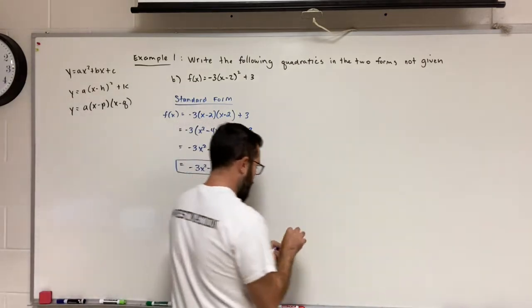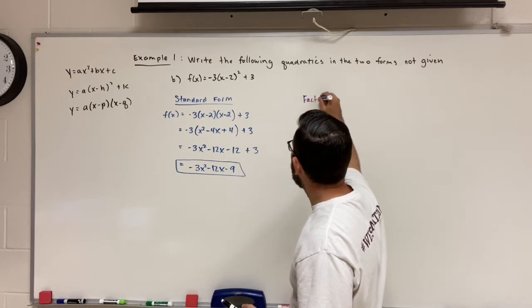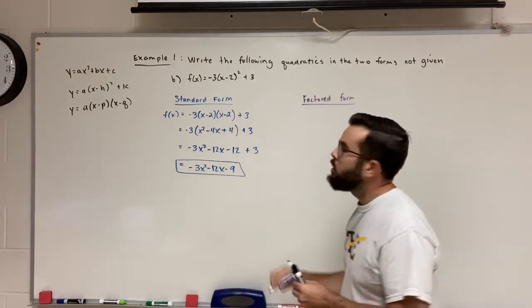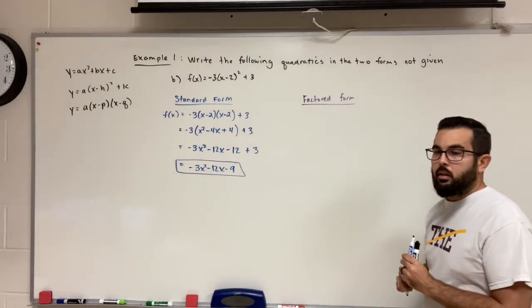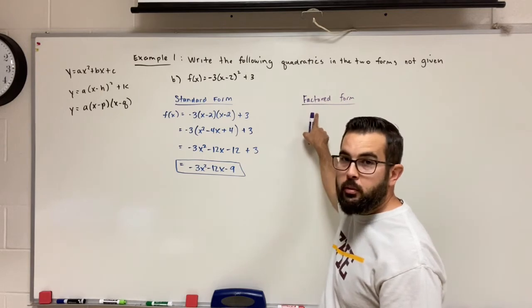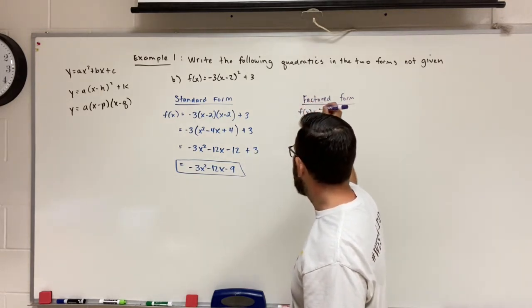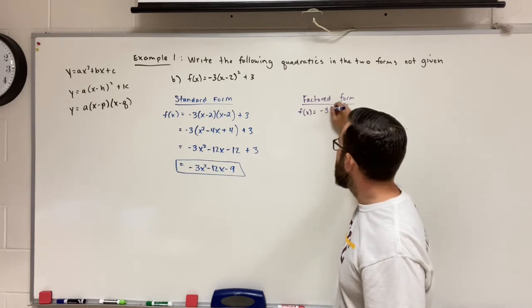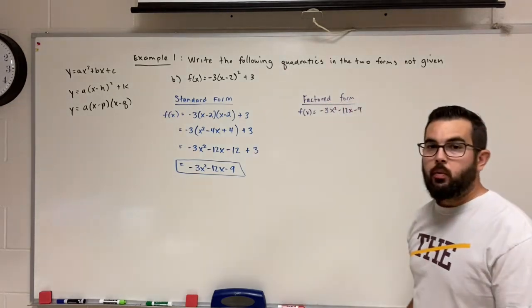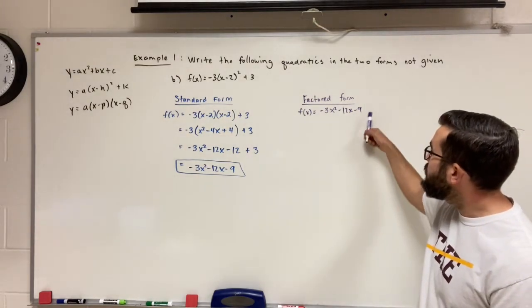All right, so next we have to do factored form. To get to factored form, excuse me, we're going to use our standard form. We start by taking out a GCF if there is one, and there happens to be one here. It's negative 3.